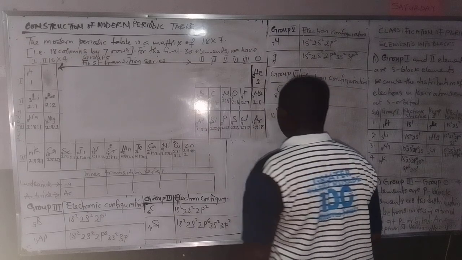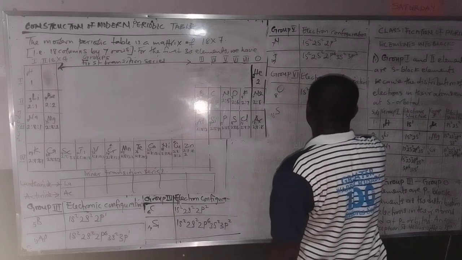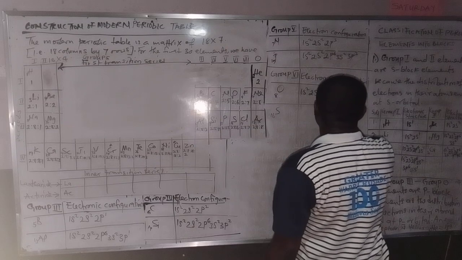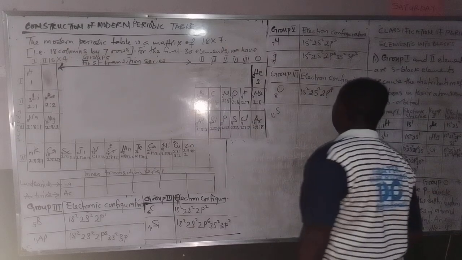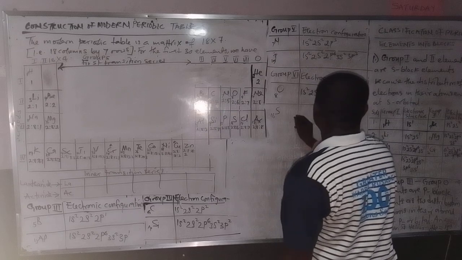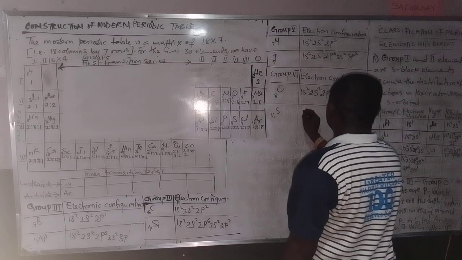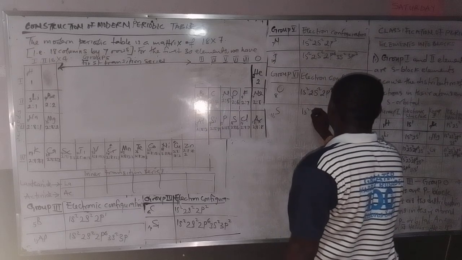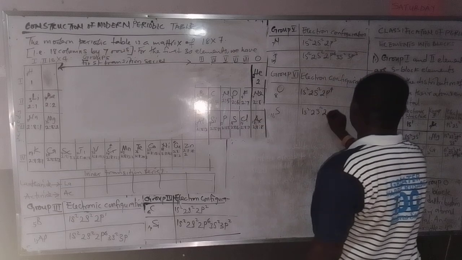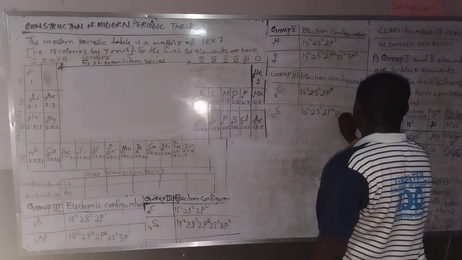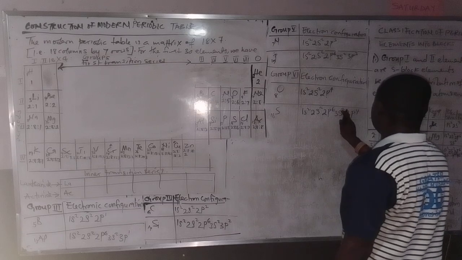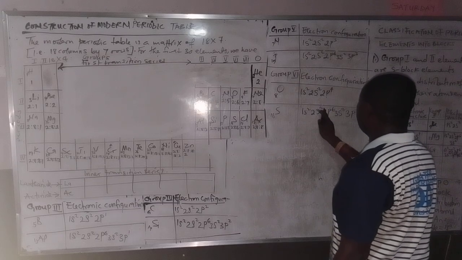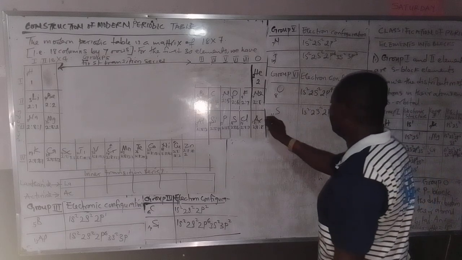So now, for oxygen 8, I have 1s2, 2s2, 2p what? What do I need to add? That's 2p4. So 4, 5, 6, 7, 8. Then it ends in the p orbital. Then sulfur 16 will now be 1s2, 2s2, 2p6, 3s2, 3p4. Let's count. 4 plus 2, that's 6, plus 6, that's 12. 13, 14, 15, 16, which is what we have here.